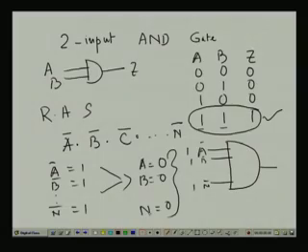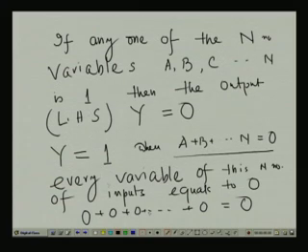That means, when all the input variables, the non-complemented or uncomplemented variables, are zeros. So, if we see here, every variable of this n number of inputs equal to 0, what we have achieved from the left hand side also, and only this time the output becomes 1.